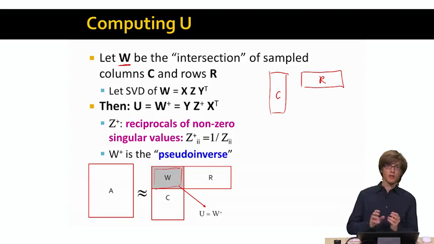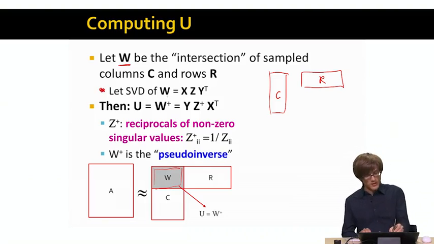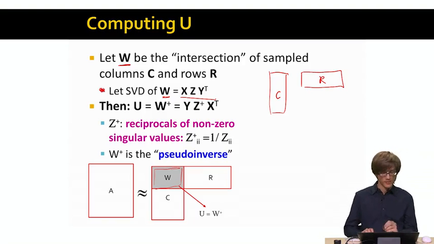I will only take the entries that appear both in C and R, and this will generate the matrix W. Then I will perform the SVD of matrix W. I know I can do this and I can do it uniquely. So I get matrix X, the singular value matrix Z, and the matrix Y transpose.